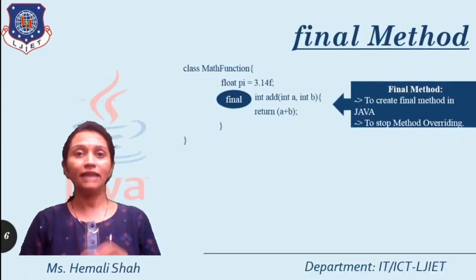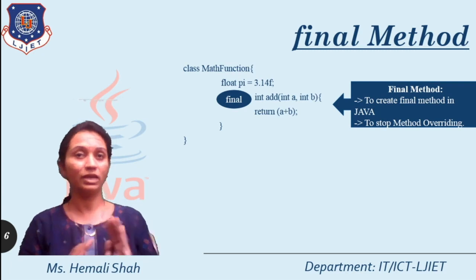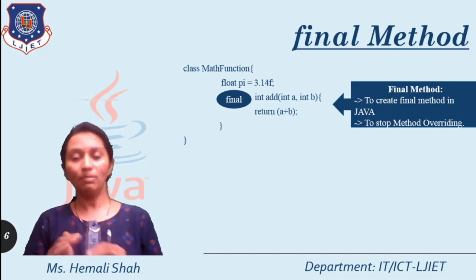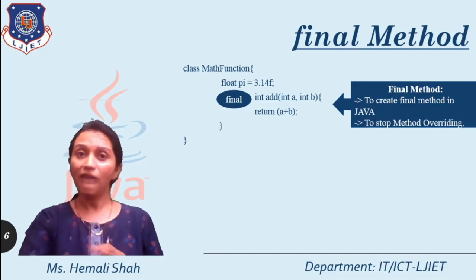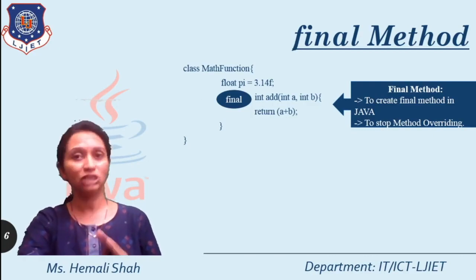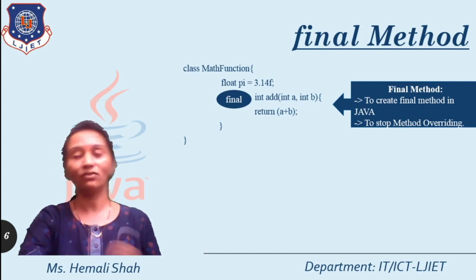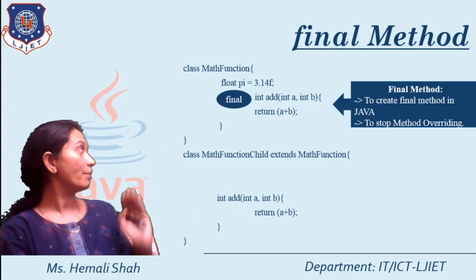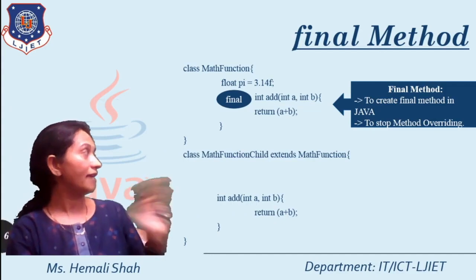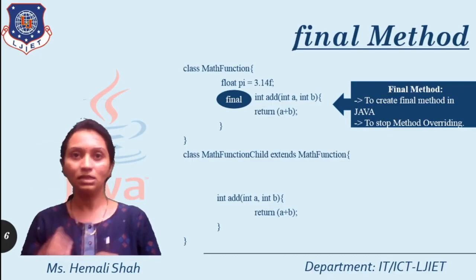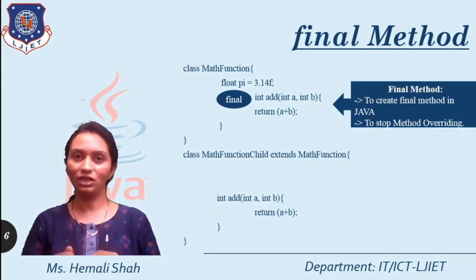Now here is a code where I have used a final method. Now try to override this method in the child class. For that, I am going to create a child class of this MathFunction class. The new child class name I am giving is MathFunctionChild extends MathFunction. This is the child class of the MathFunction class.